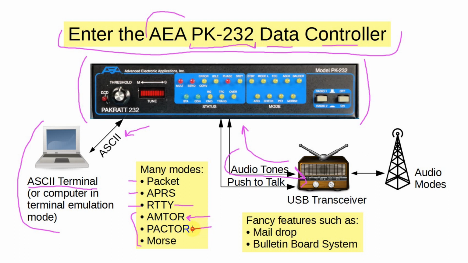PACTOR was designed especially for amateur radio and had much higher throughput than AmTOR and eventually replaced it. The PK232 could even generate Morse code using audio tones, although it wasn't very good at deciphering it. As the PK232 product developed, it went on to include a mail drop feature as well as a bulletin board system. Truly, the PK232 was a game-changing device.